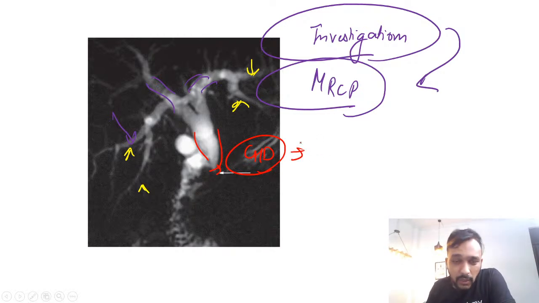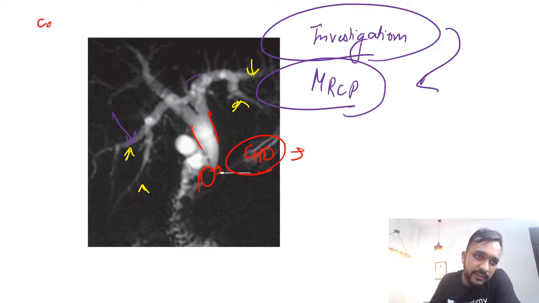It is impinging onto the common hepatic duct and resulting in its obstruction, and as a result, guys, there is dilatation of the intrahepatic biliary radicals, and there is dilatation of this common hepatic duct as well, due to a calculus in the cystic duct, resulting in upstream obstruction.